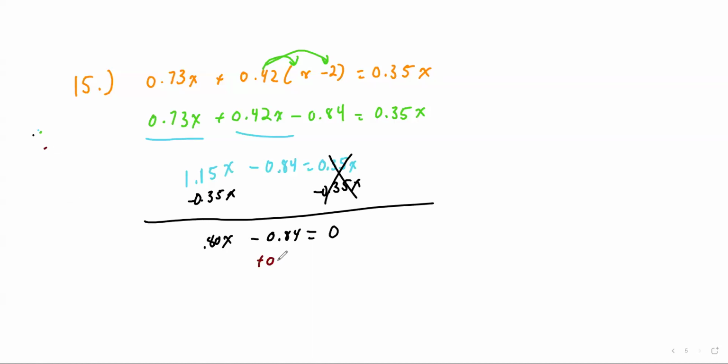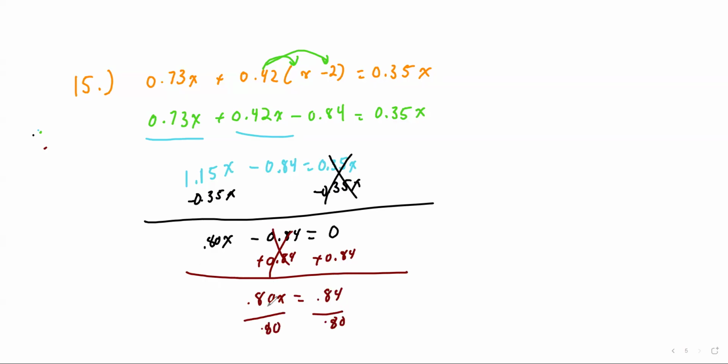So I'll add 0.84 to both sides. So then I get 0.80x equals 0.84. And then now I'll divide by 0.80. And I get x equal, let's see how far they want us to go with that.